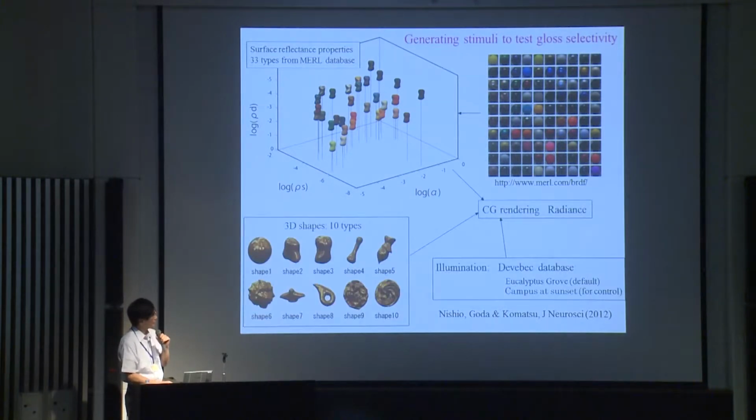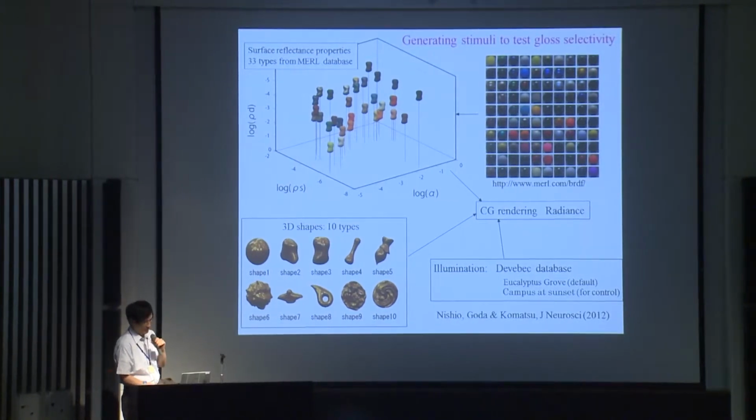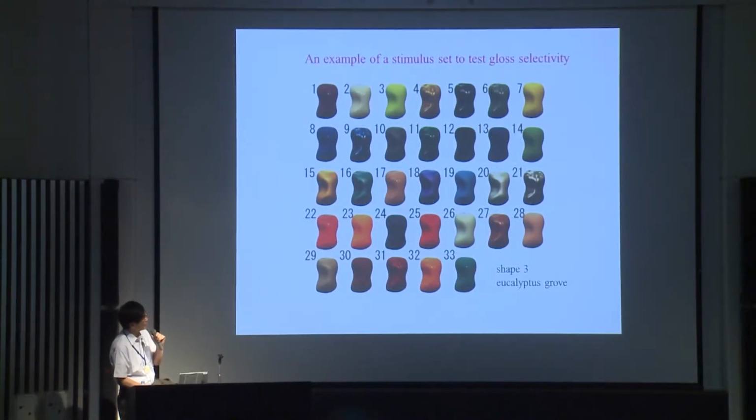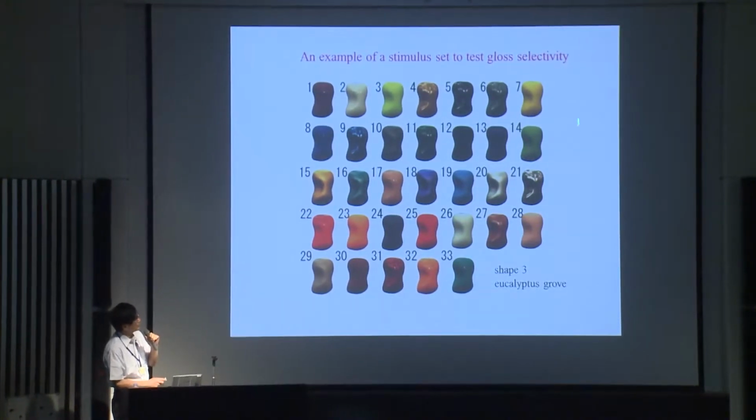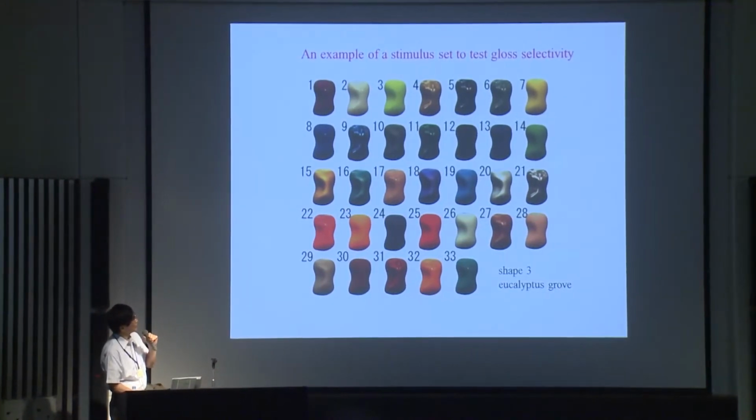And with regard to the object shape, we generated 10 object shapes. And with regard to illumination, we picked natural illumination from the Debevec light probe gallery. And by combining these 3 factors, we rendered object images using Radiance software. And this slide shows an example of a stimulus set, 33 stimuli, which was used to test gloss selectivity of neurons.